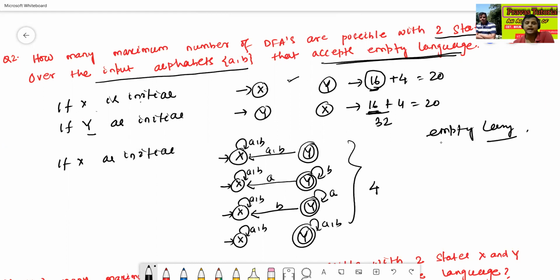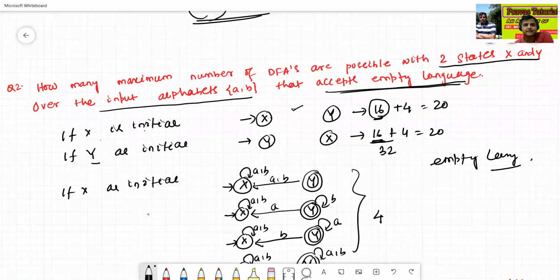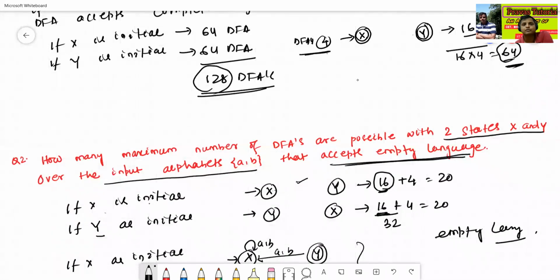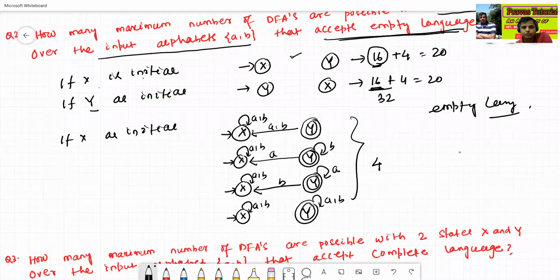Okay, actually see here, in the first case we have a total of 128 DFAs. If 2 states and 2 input symbols are there, a maximum of 128 DFAs are possible.